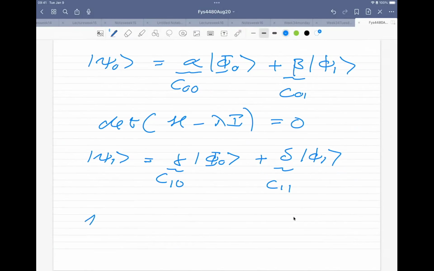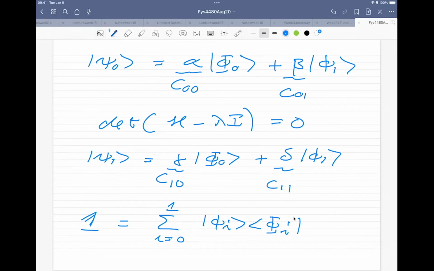And now comes the completeness relation, which many of you probably have seen before. And in our case, we would now sum the outer products of this computational basis. So that means that we would have a sum from I equals 0 up to 1, because we only have 2 states. And then we would have a phi of I, and this is the outer product of the states.